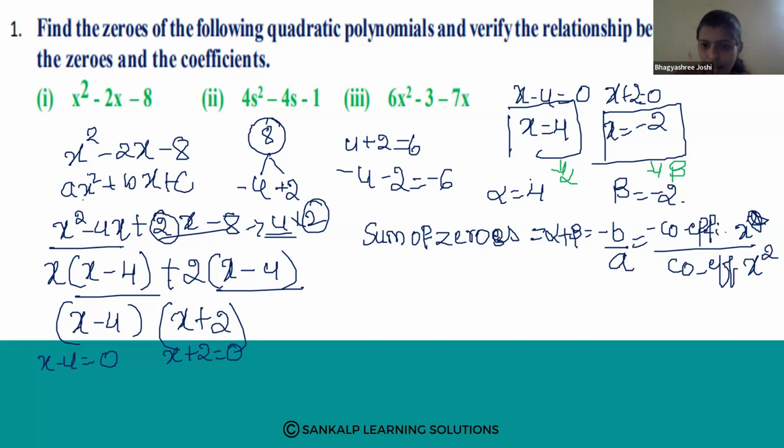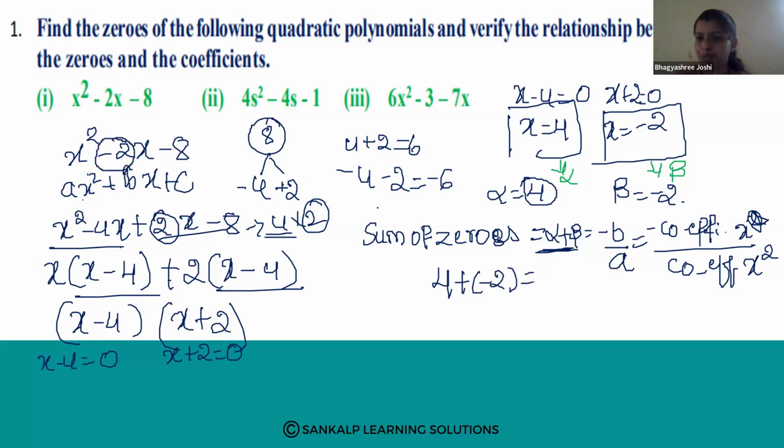What is the value of alpha? 4. Let us first calculate alpha plus beta. Alpha value is 4, beta value is minus 2, so 4 plus minus 2 is equal to minus b divided by a. What is the value of b, dear children?